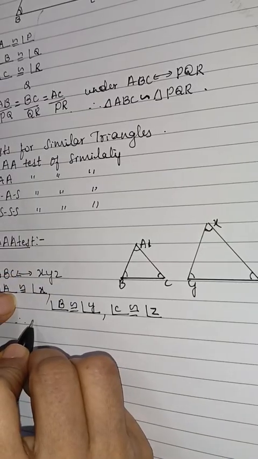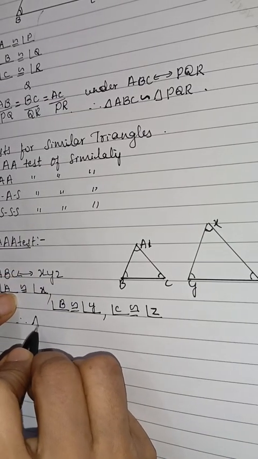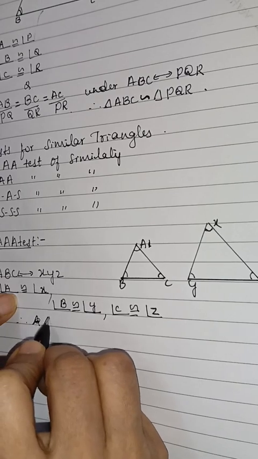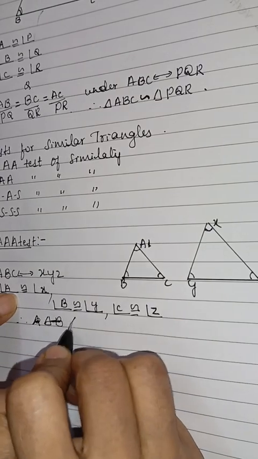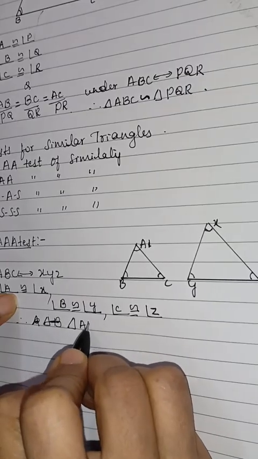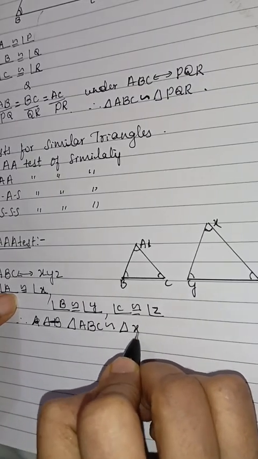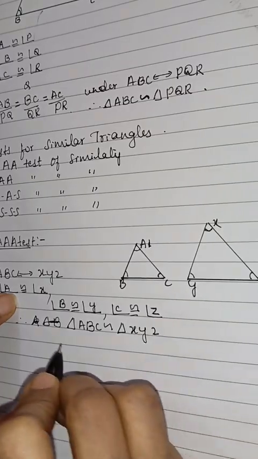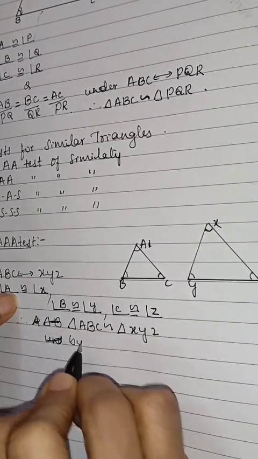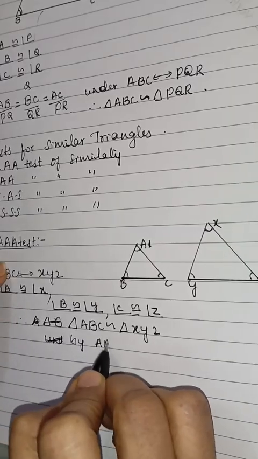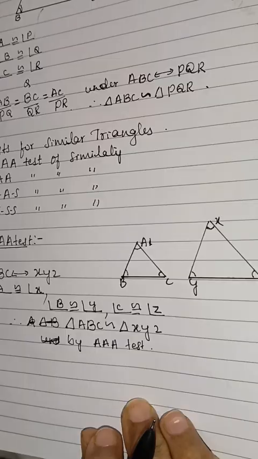Therefore triangle ABC is similar to triangle XYZ by the AAA test.